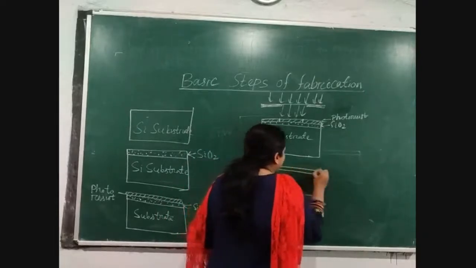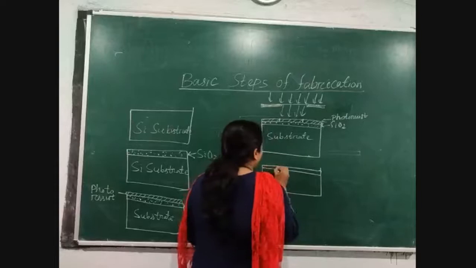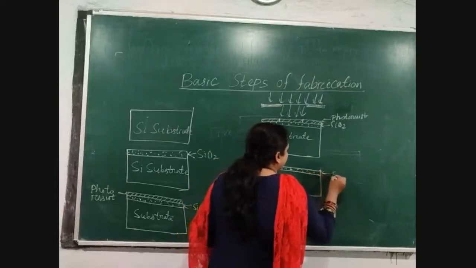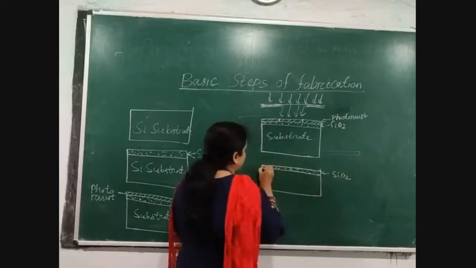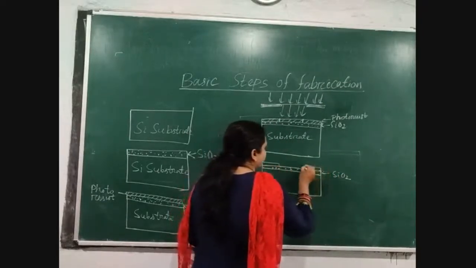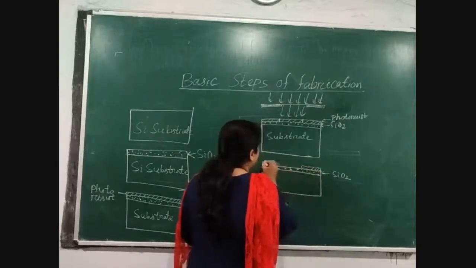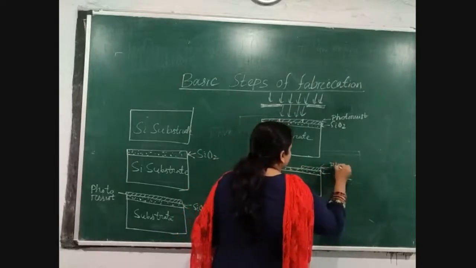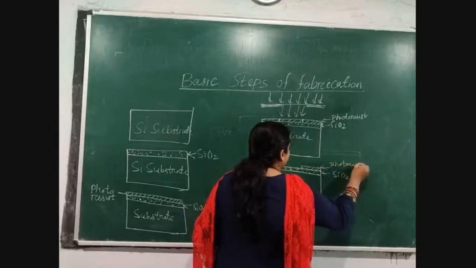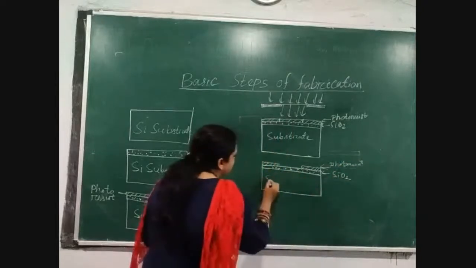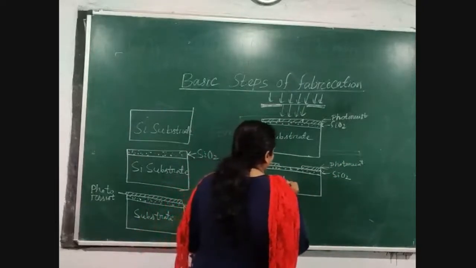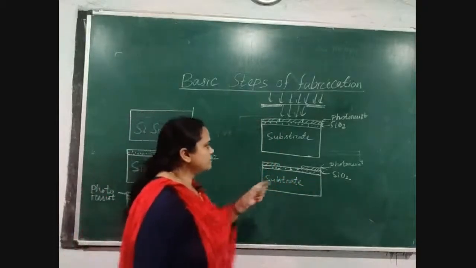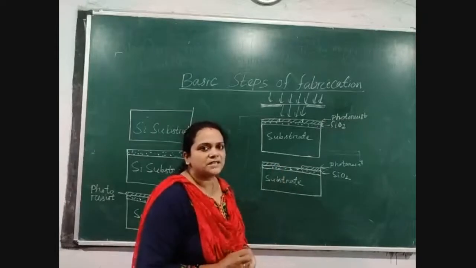So how does it look? SiO2. So it looks like this. Which process do we use to remove this part? The process name is etching.